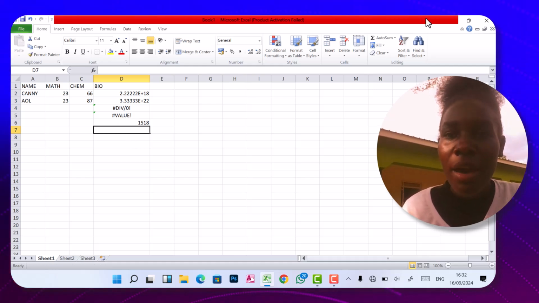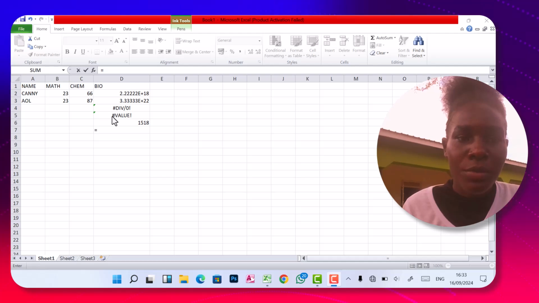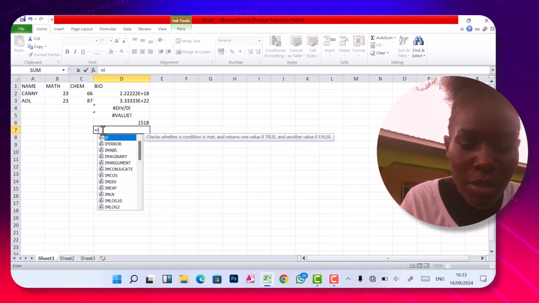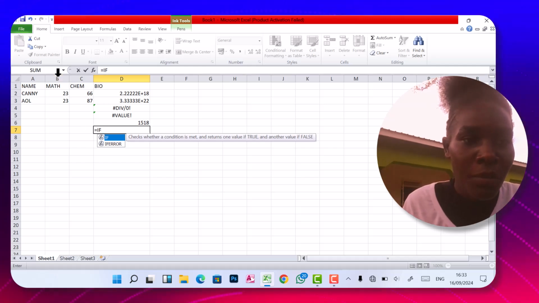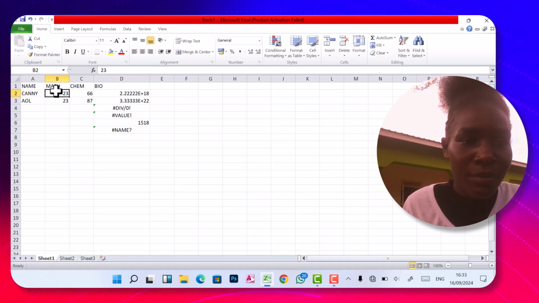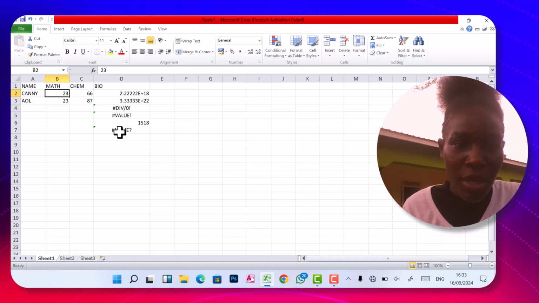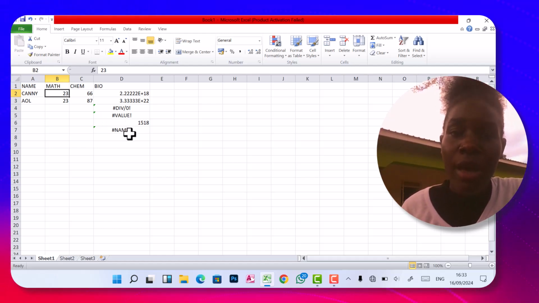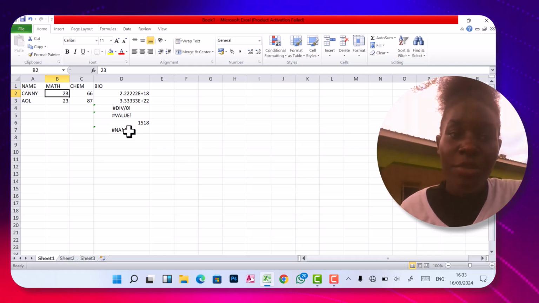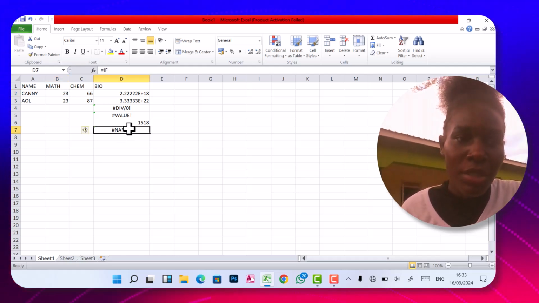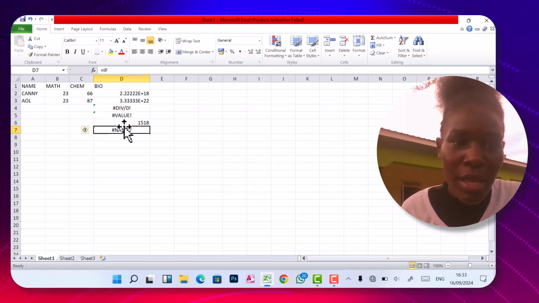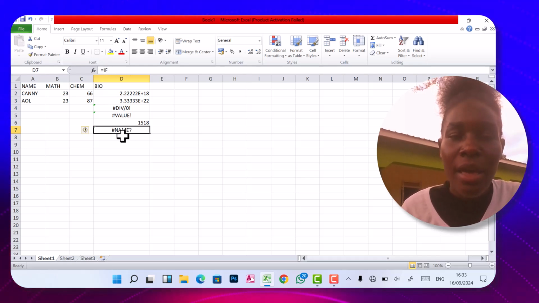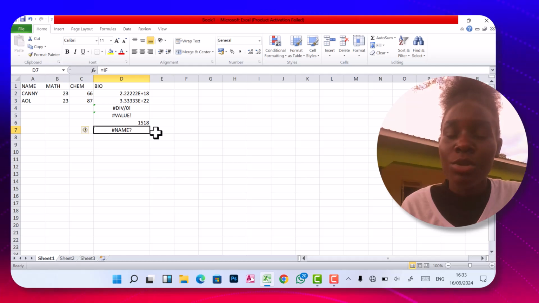Then another error is, let me use some if function. I said this, you see what it has brought. This one is also an error. It means that the function or the formula you're using is wrong. See what you did here. You see here, it is showing us the if. It is equals, meaning that the method I've used is incomplete.